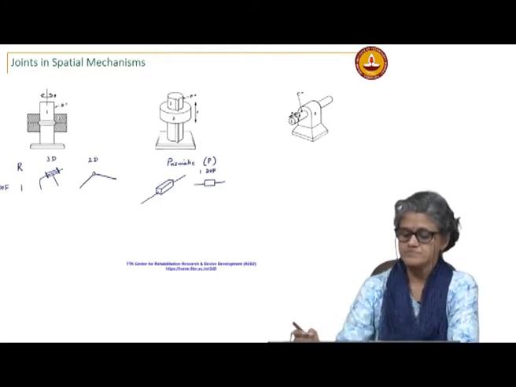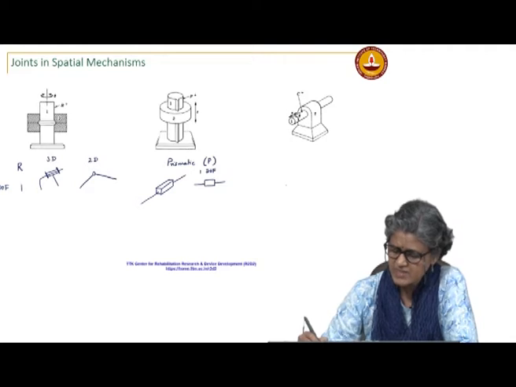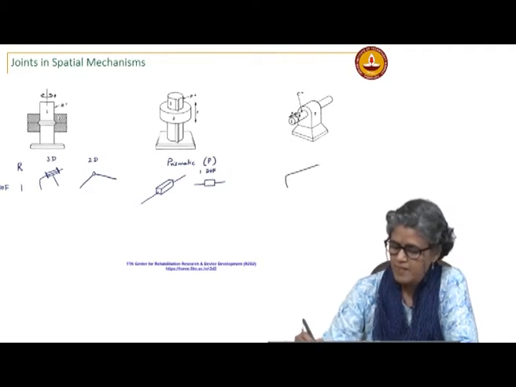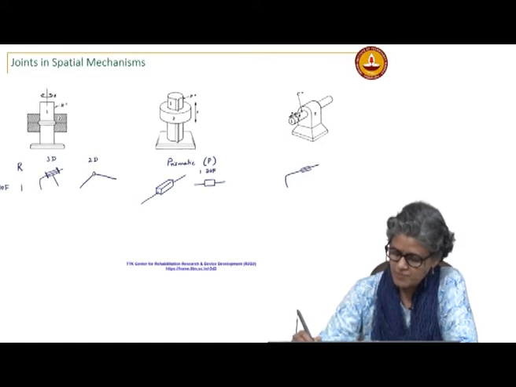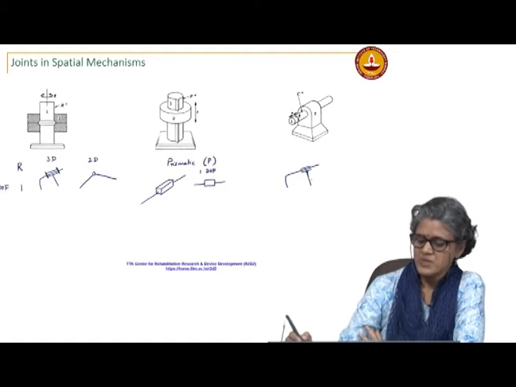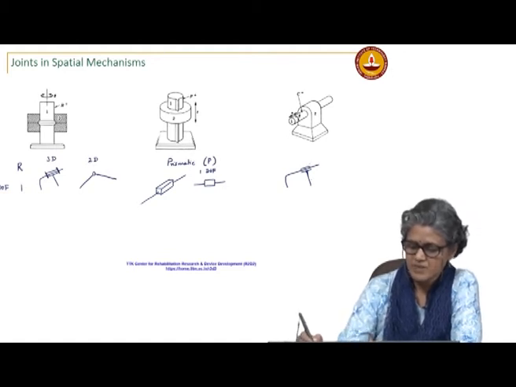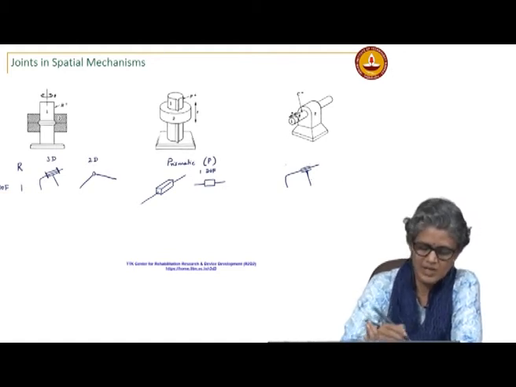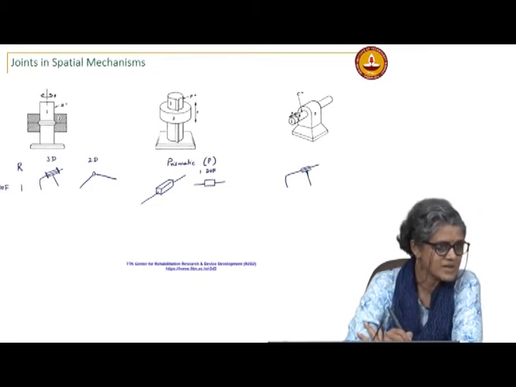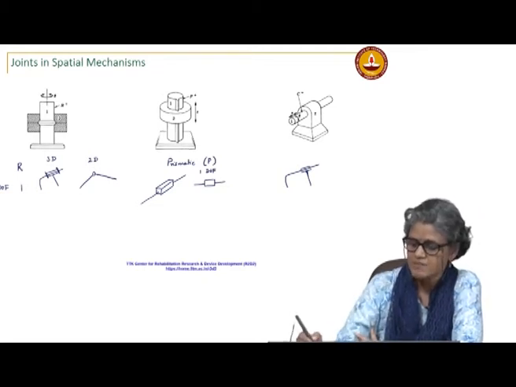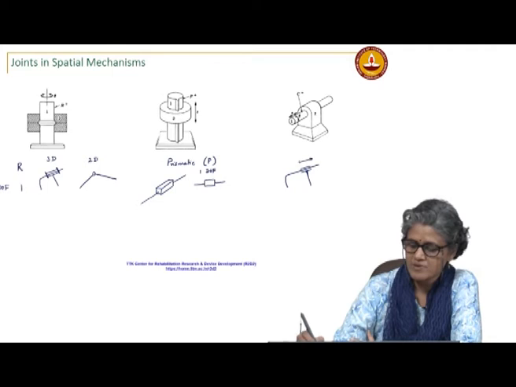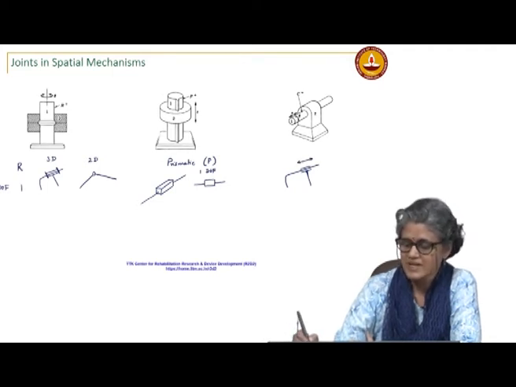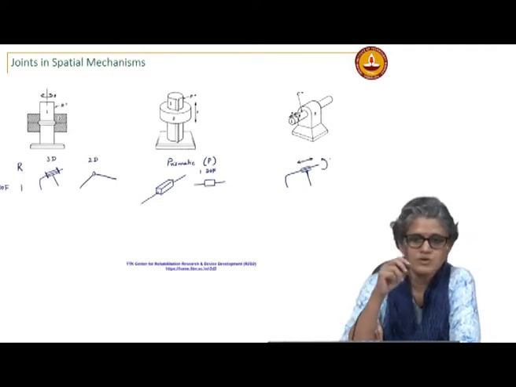In the case of the cylindrical joint, you have 2 independent degrees of freedom. So, this would be the representation. You can see here that I do not have these bars that denote the revolute joint. So, it can have sliding and rotation.